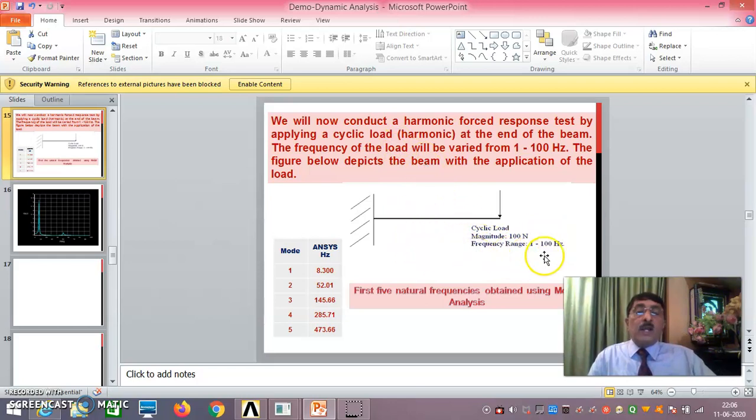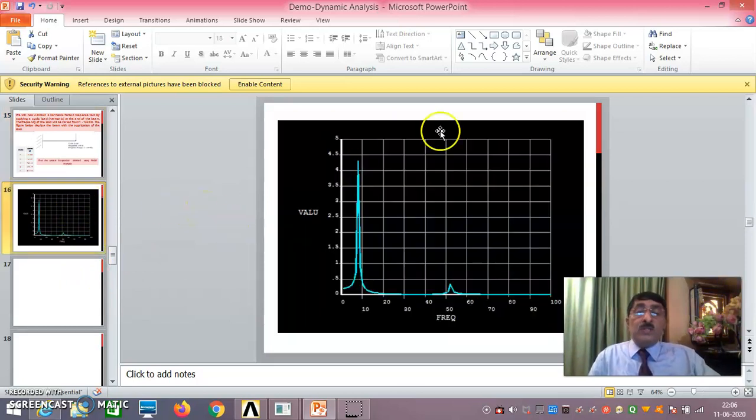Once you draw a graph of amplitude versus frequency, the amplitude will be minimum throughout, except at the first natural frequency 8.3 and the second natural frequency of 52. These are all the things that you see, and I'll show you, this is what you are expected to get in the exam also. You see, amplitude versus frequency is the graph. This is what you are expected to do in the exam.